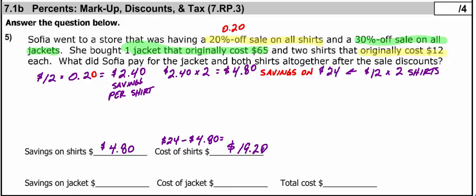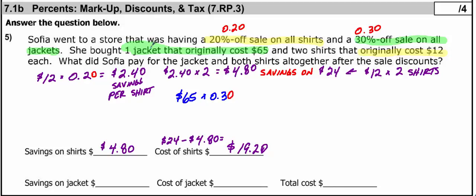On to the jacket. So on the jacket, she has a $65 cost, and on this one, she gets to save 30%. Right here we've got a 30% savings, so that's 0.30. We can bring it down as 0.30, or as 0.3, since that 0 that I drew in red does not have any place value.